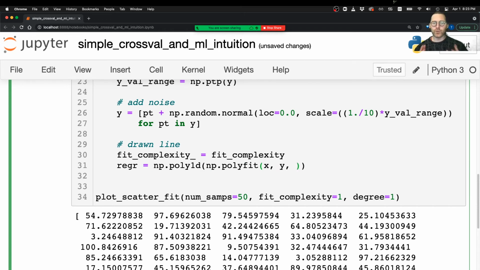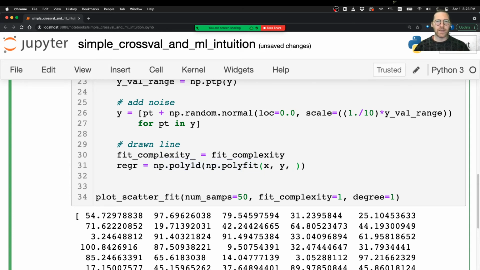And notice that I've overwritten y with noise, right? So even though initially we have points along a line, those have moved away from the line. And this np.polyfit and poly1d is going to build a line that best fits those scattered points, okay?